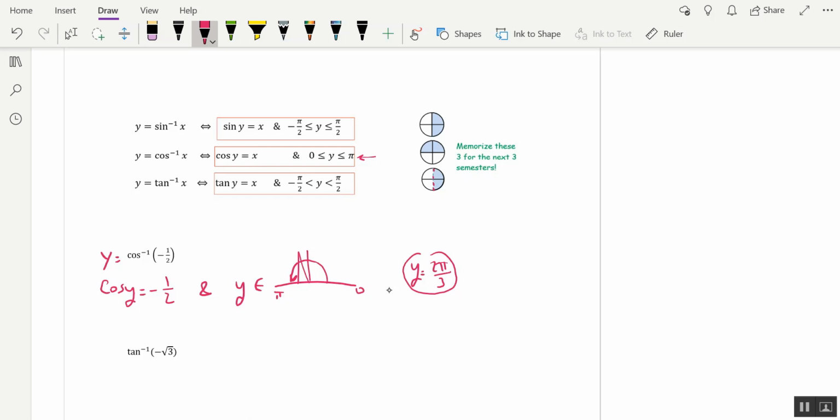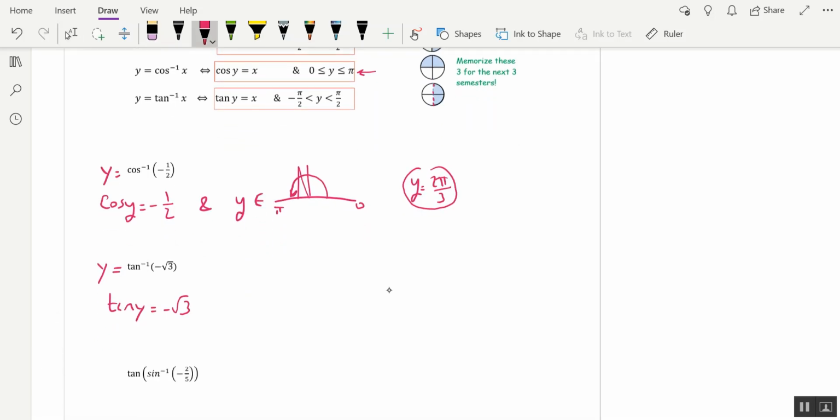Okay, let's do another one. Let's find tangent inverse of negative root 3. So that means the tangent of y is negative root 3. And y can't be any angle. Y has to come from the interval from negative pi over 2 to pi over 2.